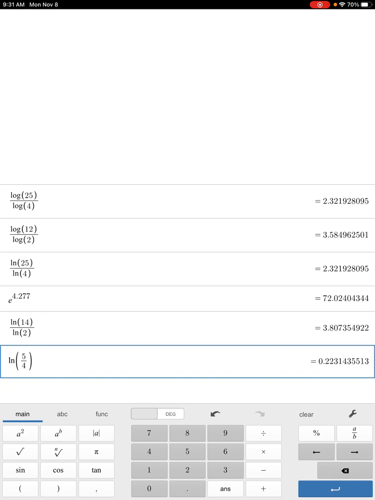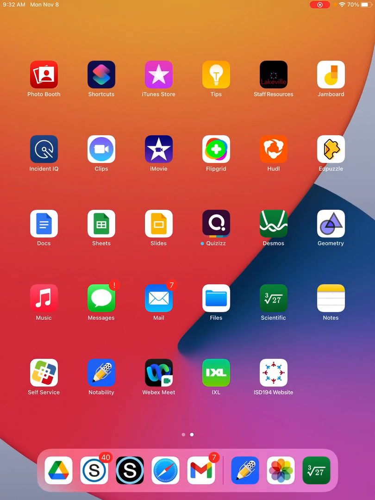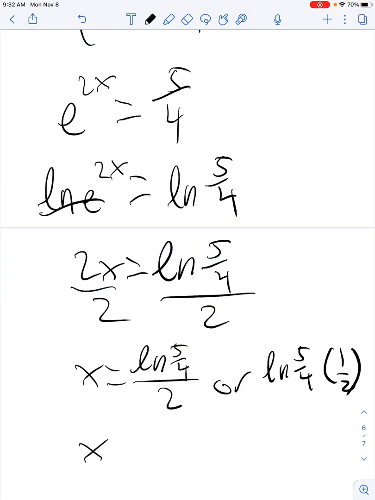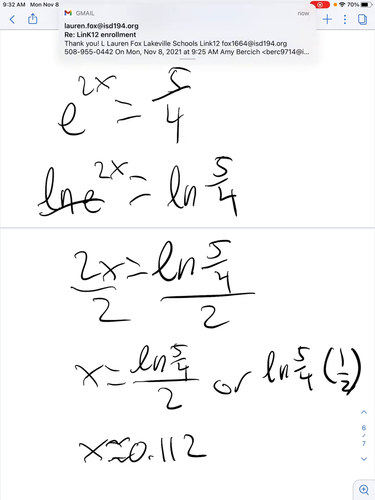Use my parentheses. And then I'm going to multiply it by 0.5, same thing as dividing by 2. And I get an answer of 0.11157. I'm going to round that to 0.112. Again, approximately. Squiggly equal sign means approximately.